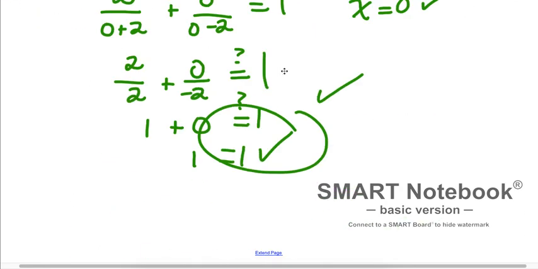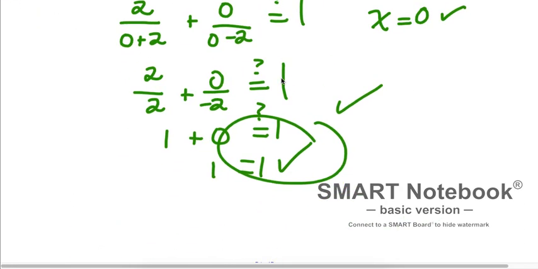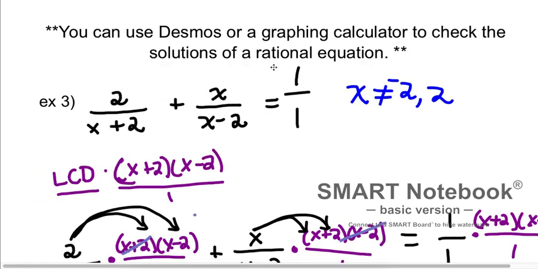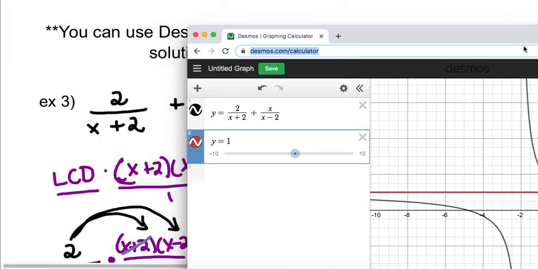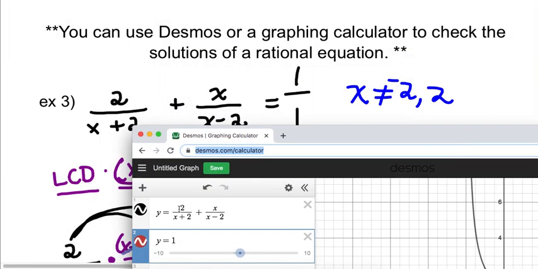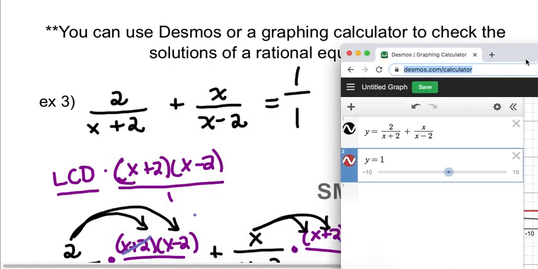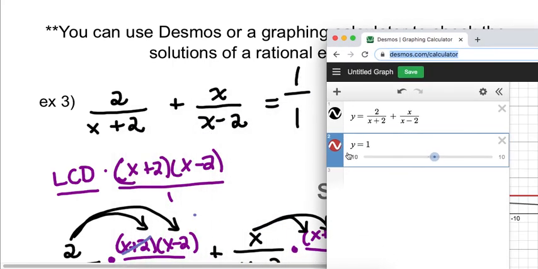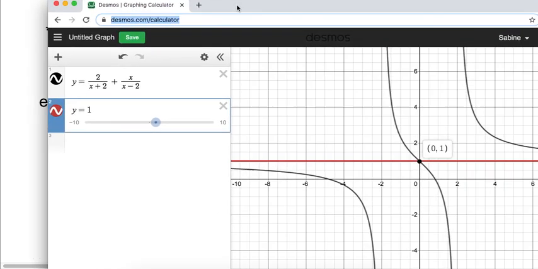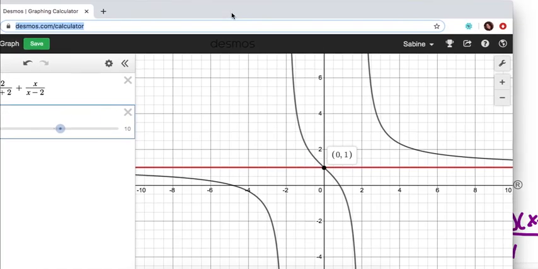All right? So when you graph to check your answer, graph both sides as two separate equations like I did here. So here's 2 over x plus 2 plus x over x minus 2. That's the left side. And the right side here was just 1. So y equals 1.